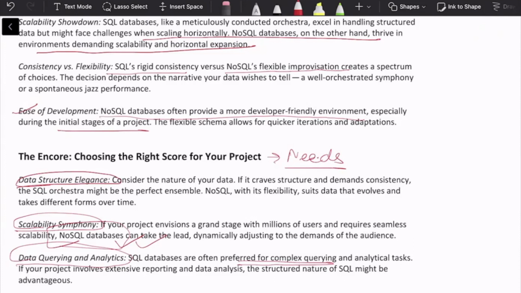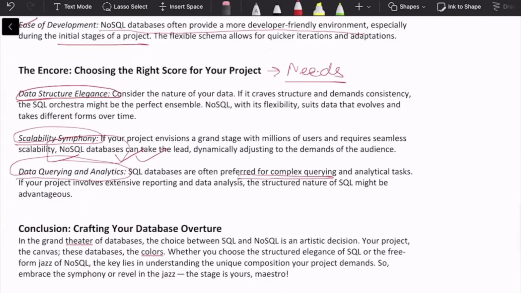Otherwise, if you query any other key, it needs to scan through the data. Since we are talking about horizontal scalability, it needs to go through a lot of nodes and scan the data. So that's where you need to see what the demand of your project is. Overall, choosing the right database is very important for the success of your project.